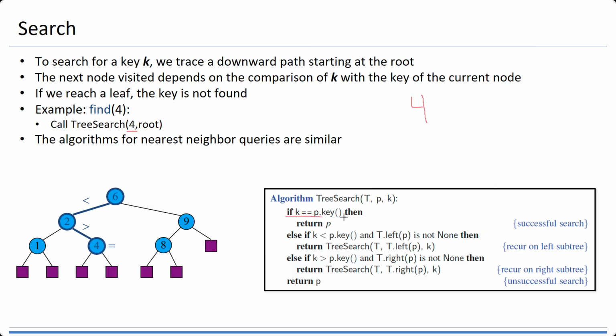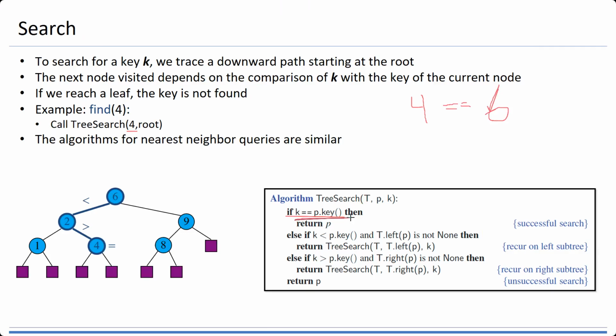Check: if K equals P.key, so I'm going to check if the key here, 6, equals 4.